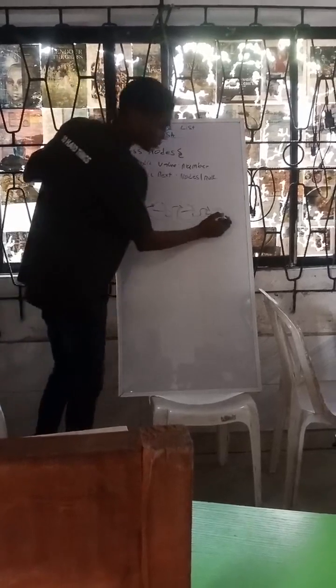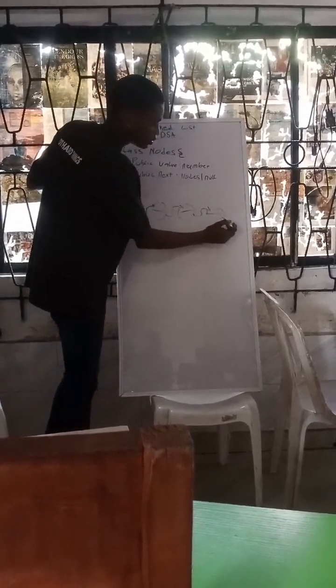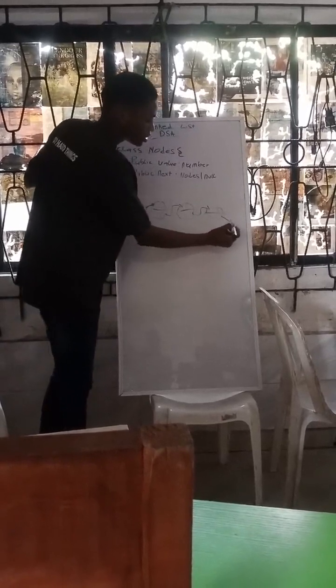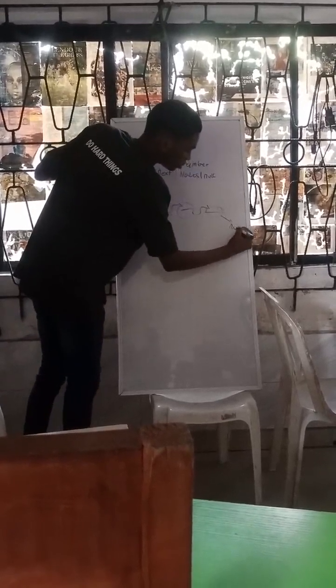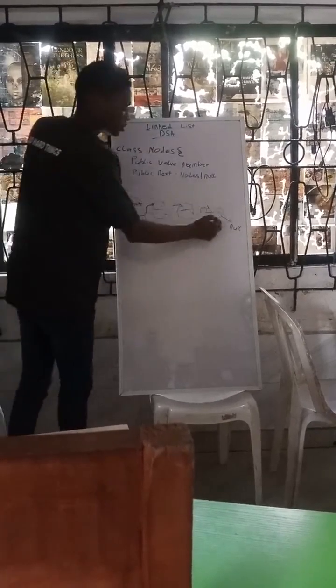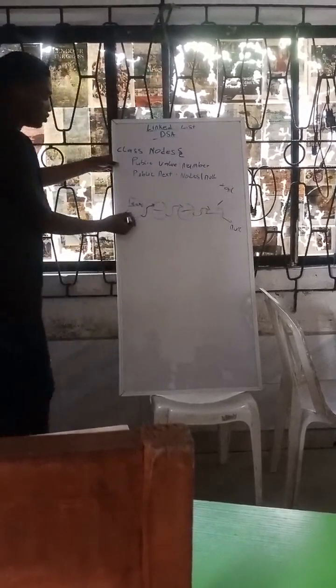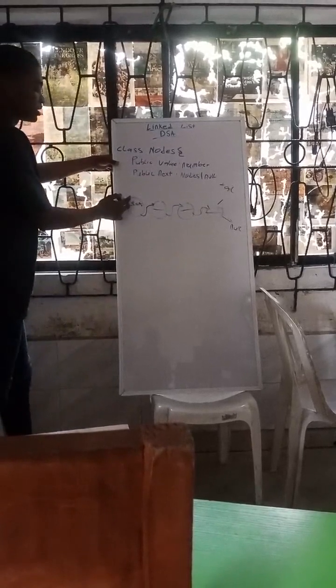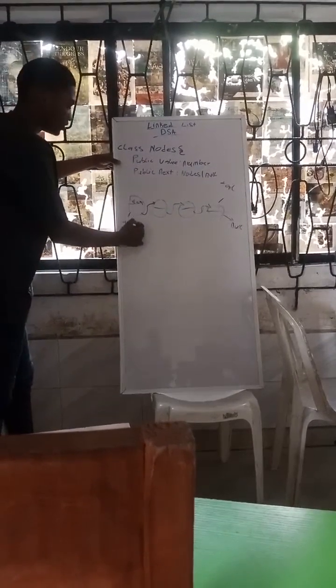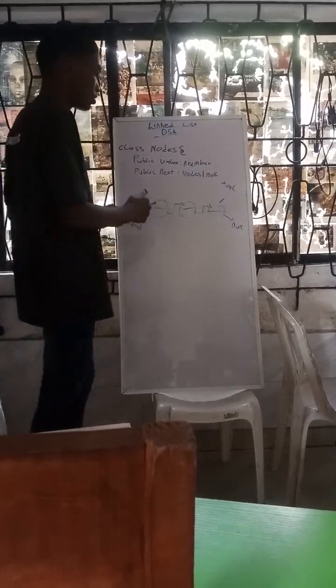The last node in the sequence, which doesn't have a head to point to, is going to be pointing to null. So this node is known as the tail node, while this node, which doesn't have a pointer pointing to its head, is known as the head node of that sequence. So without further ado, let's continue.